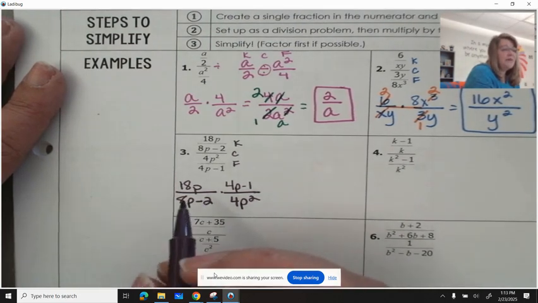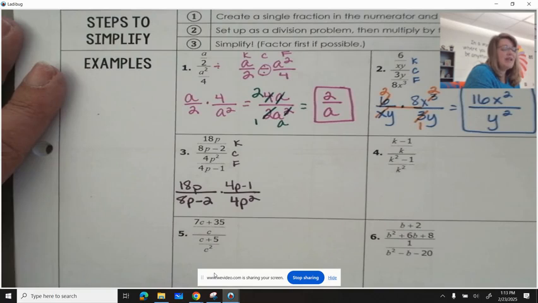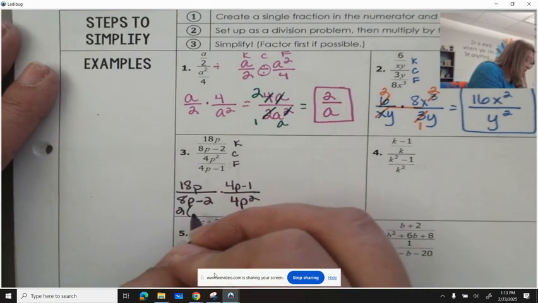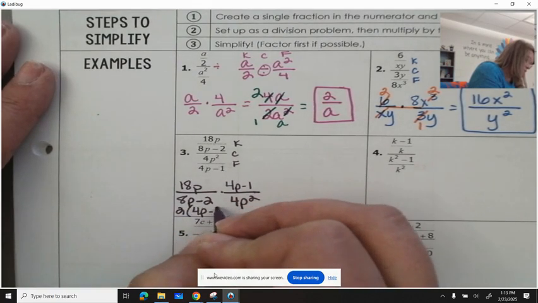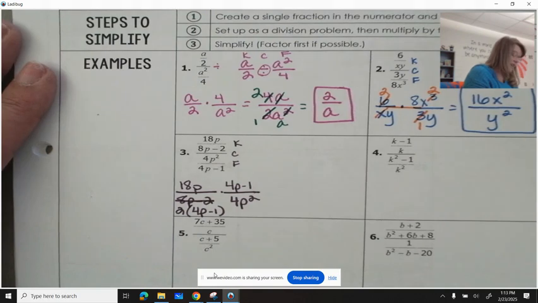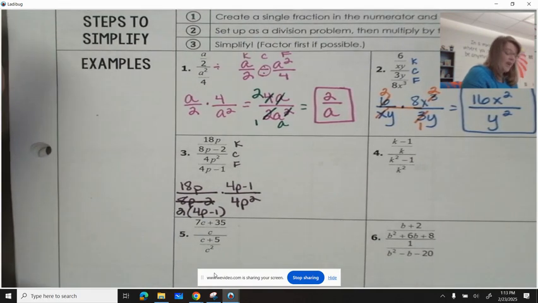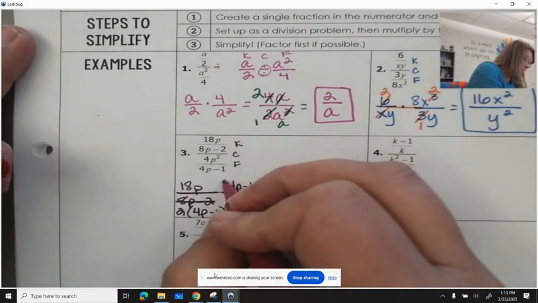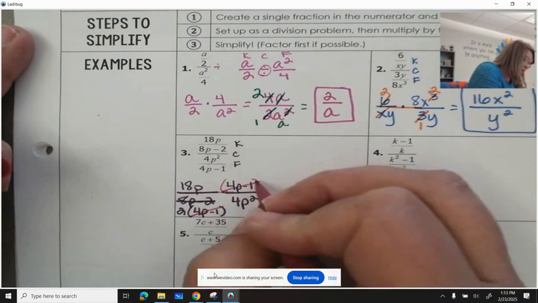I think 8p minus 2 has a GCF that will come out of it. So if I take a 2 out of this, it's leaving me 4p minus 1. So I'm just going to do that. I'm going to cross that guy out, and I can still see what I'm looking at here to be able to simplify. So I'm just going to multiply straight across. I see the 4p minus 1 and 4p minus 1.